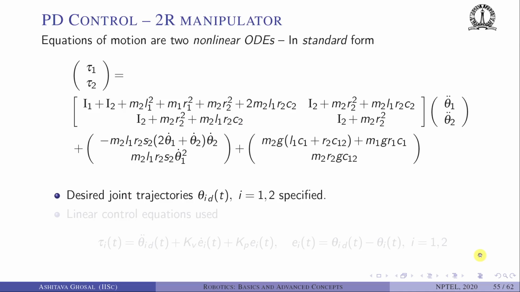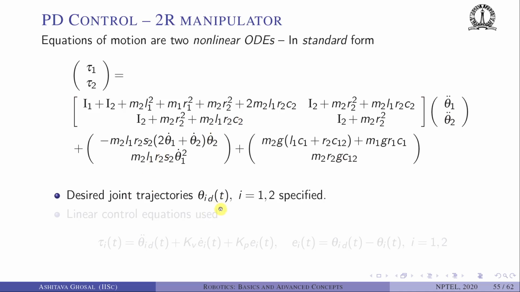So let's continue with the PD control of a 2R manipulator. The equations of motion of a 2R manipulator were derived earlier, but I am repeating them again. So tau 1 and tau 2 are given by some mass matrix times theta 1 double dot, theta 2 double dot, plus some centripetal Coriolis term, and a gravity term. This mass matrix is 2 by 2. It is positive definite, symmetric, and so on.